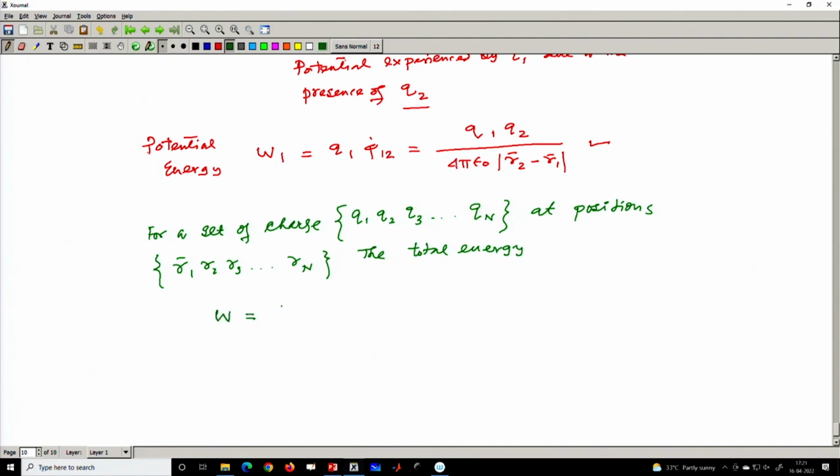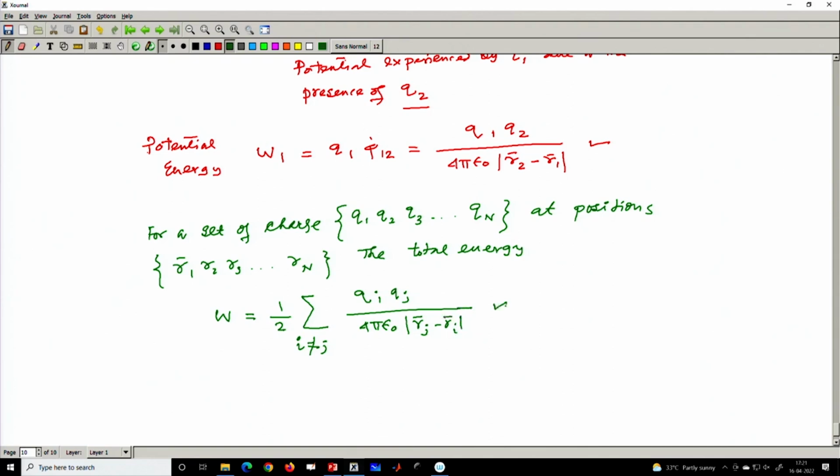W equal to half of the summation where i is not equal to j, of qi qj divided by 4 pi epsilon 0 mod of rj minus ri.